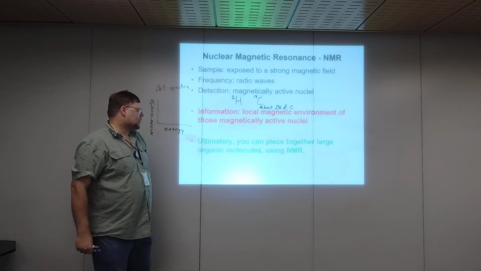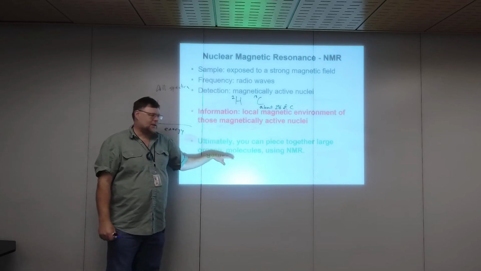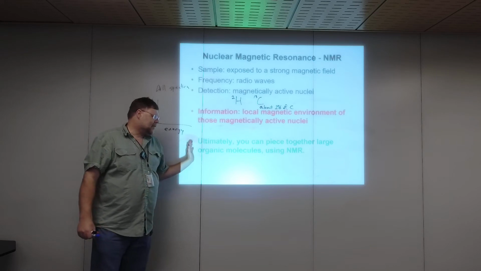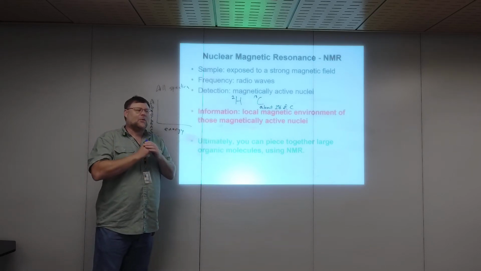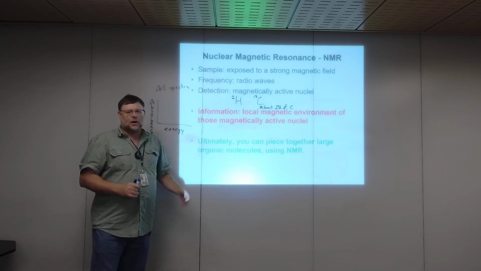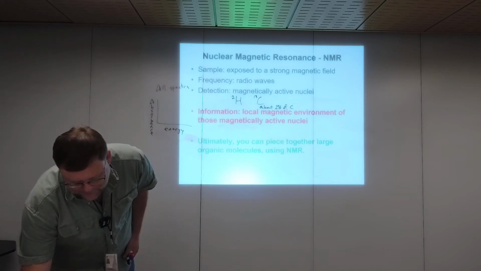So we'll see different little signals. And ultimately, using proton NMR and C13 NMR and some more sophisticated stuff, you can piece together the molecule from just spectra. You can start with no idea what the molecule is, take an NMR and figure out what it is. You're not going to have to go quite that far in this class.